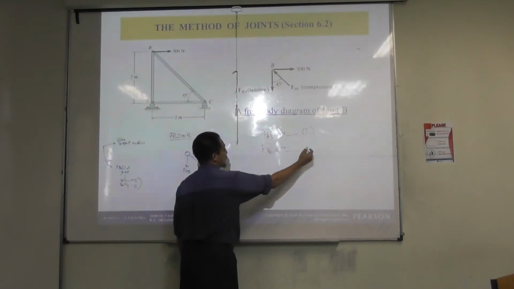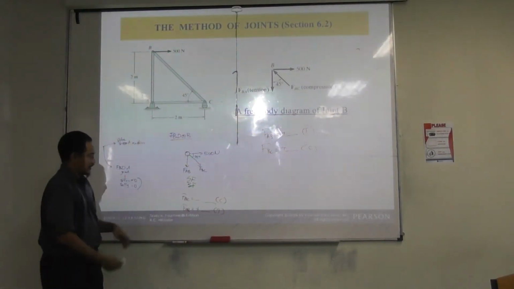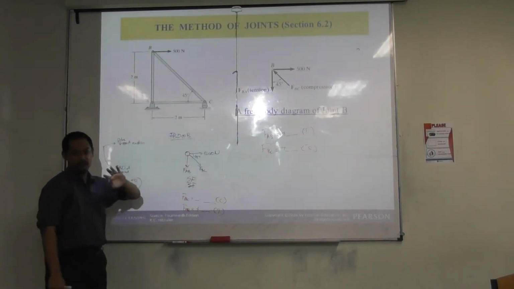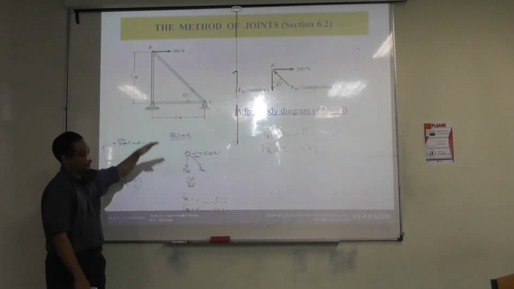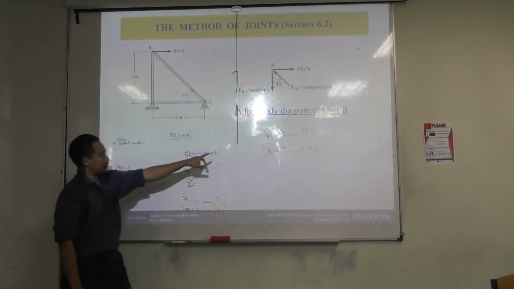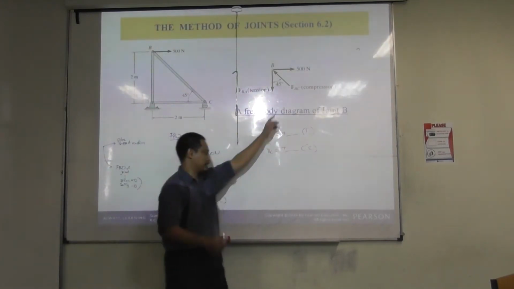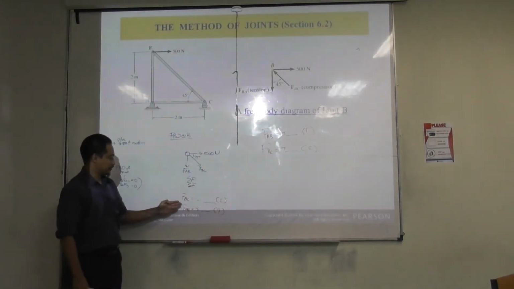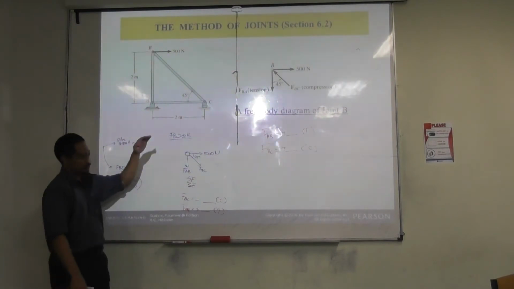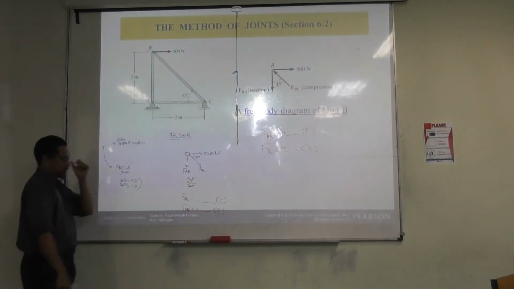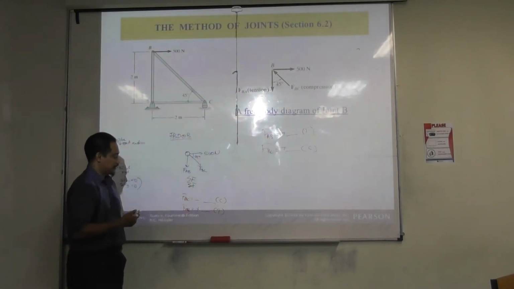FBC positive, it is compression, right? Now, I think for many students, this is easier, because for this one you have to refer exactly back to your free body diagram, which direction you drew, right? This one is almost automatic, you don't need to refer, so it's easier to follow when you want to check, right? So it's up to you, but choose what is easy for you.